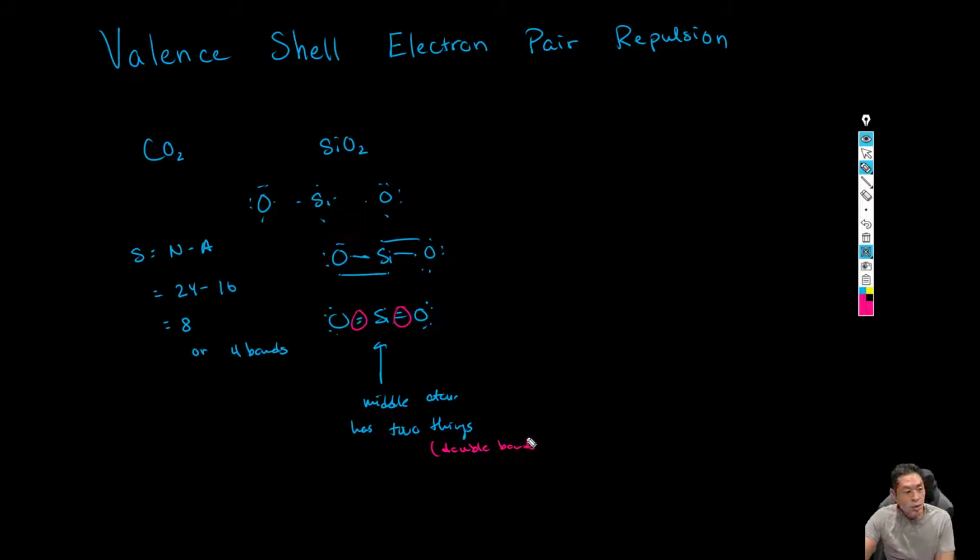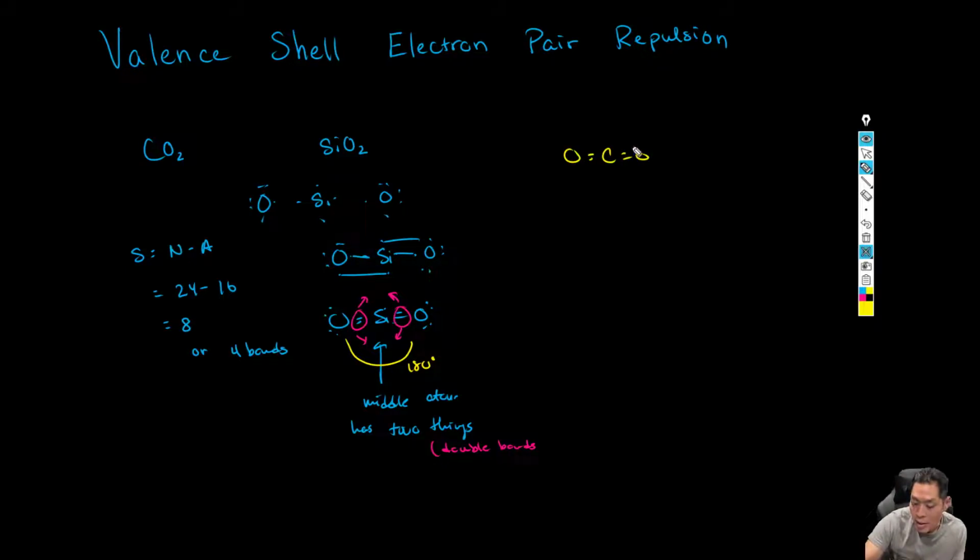It can only have one shape because they're going to try to repel each other as much as possible. And the only way they can repel each other is at the exact opposite ends. So in a case like this, the bond angle between them is going to be 180 degrees. And that's carbon dioxide as well.